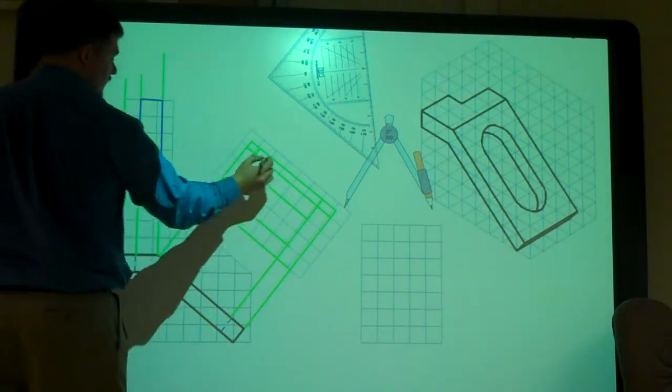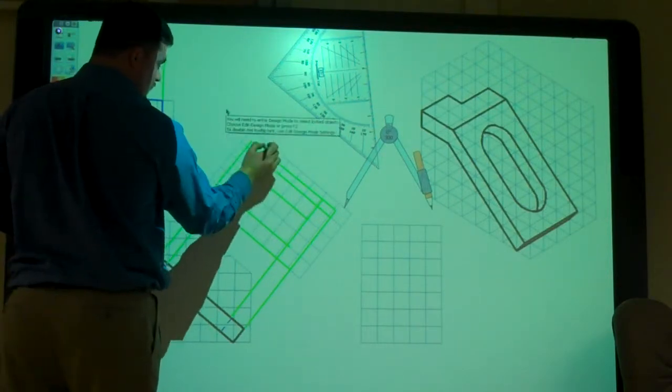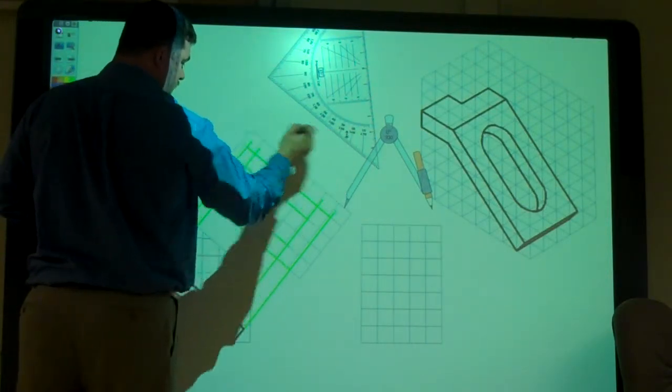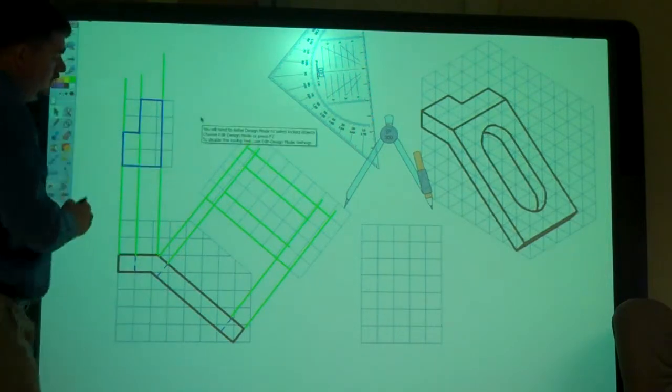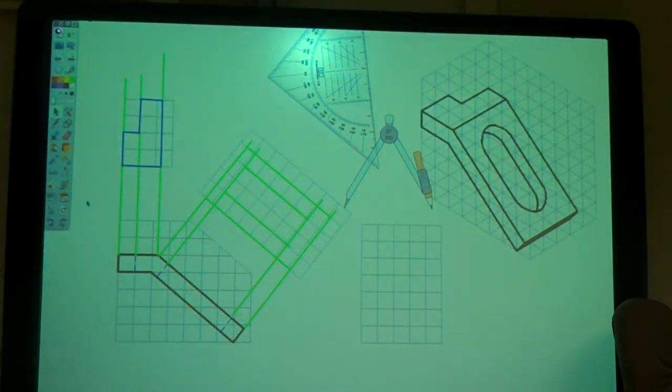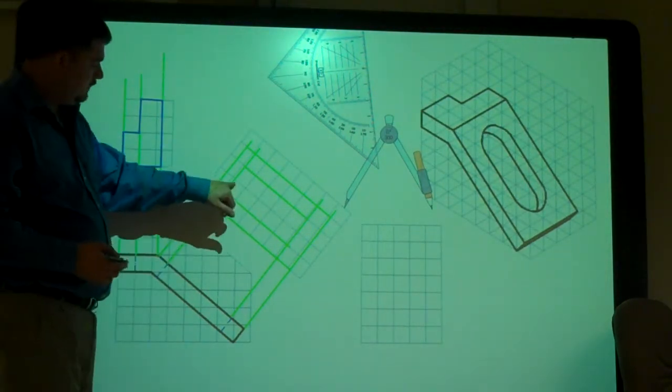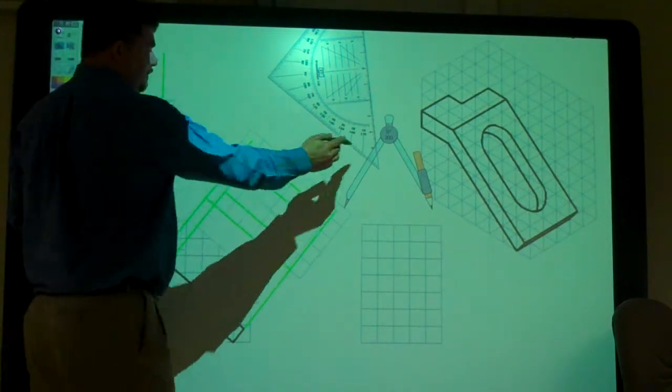That outside one's supposed to be gone. Looks like that. So that's going to be a little bit lower. So I'm just going to bring my compass over.